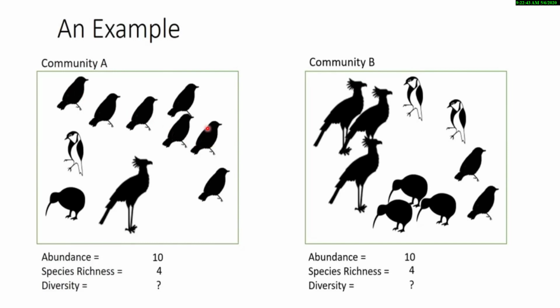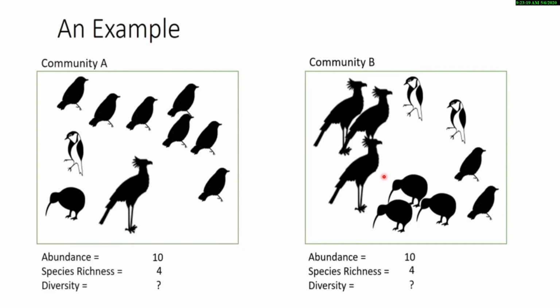All these birds, 1 to 7, belong to one species. So 1, this is another species, 2, another species, 3, another species, 4. So the number of species, or species richness, is 4. What is the diversity? We will look at that.